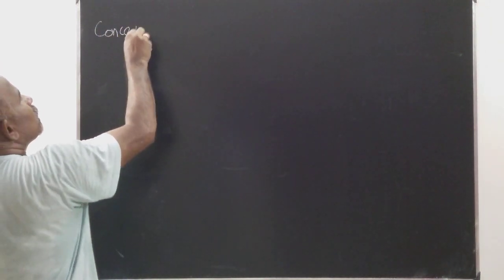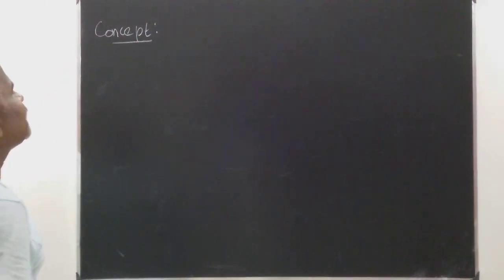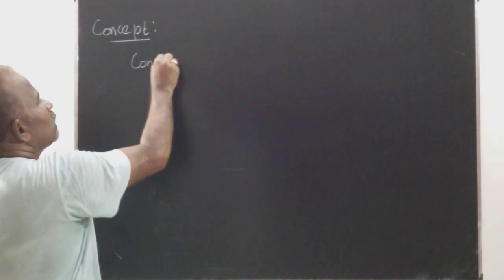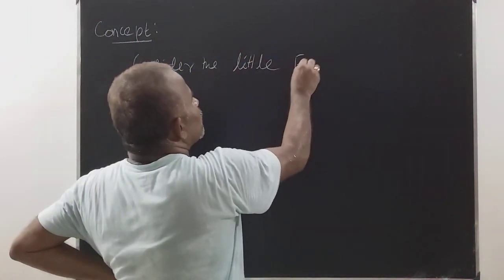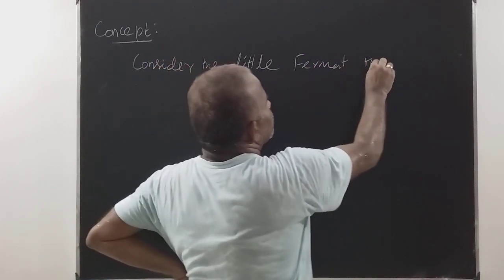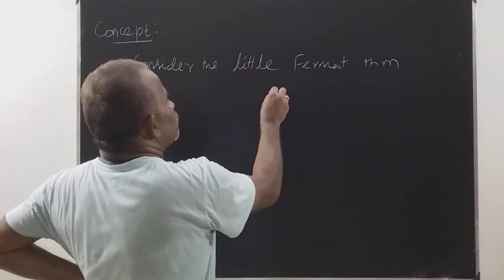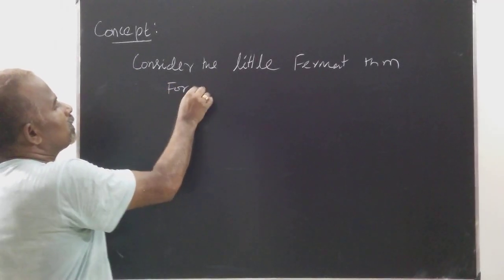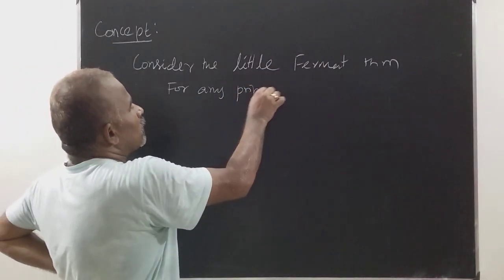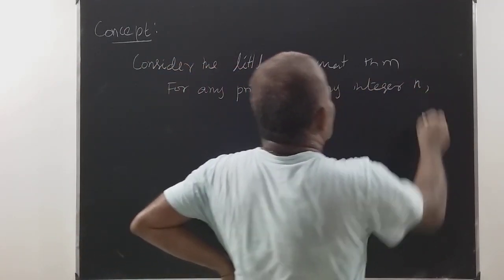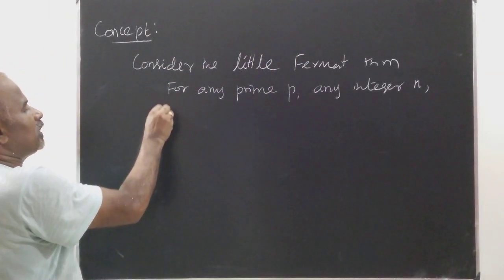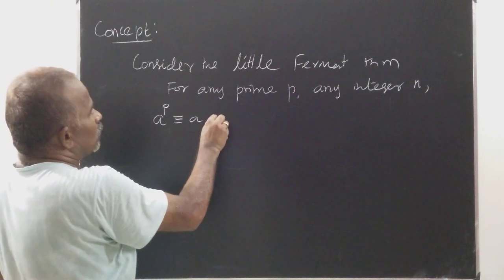Next is one important concept. Consider the Little Fermat theorem. For any prime p and any integer a, a power p is congruent to a mod p.